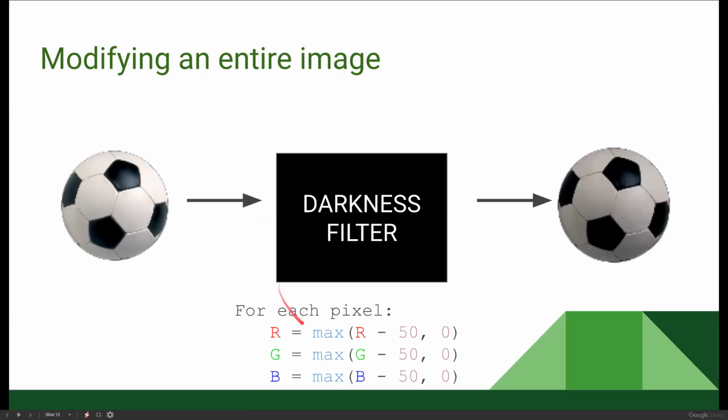So we want to do the maximum value between the subtraction and 0, so that in case our number would go below 0, we don't subtract too far. So we can use this process to create a slightly brighter or slightly darker picture.